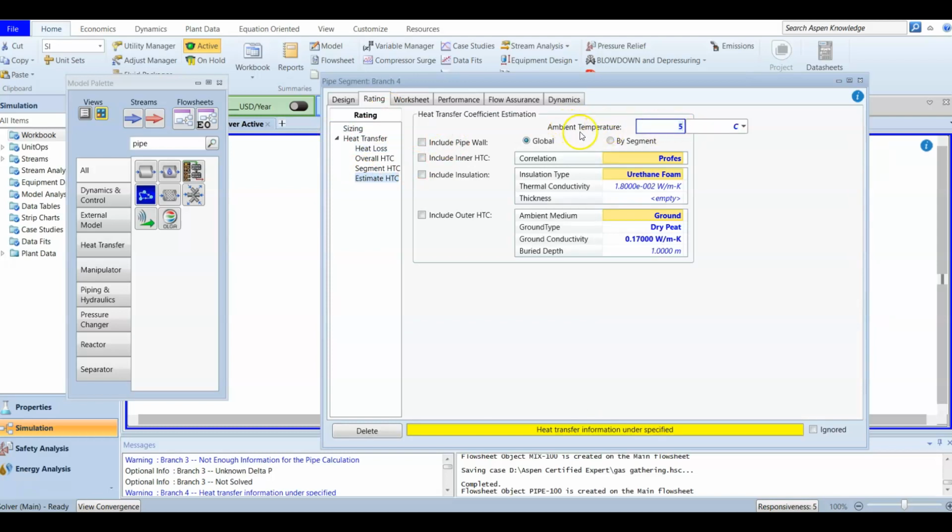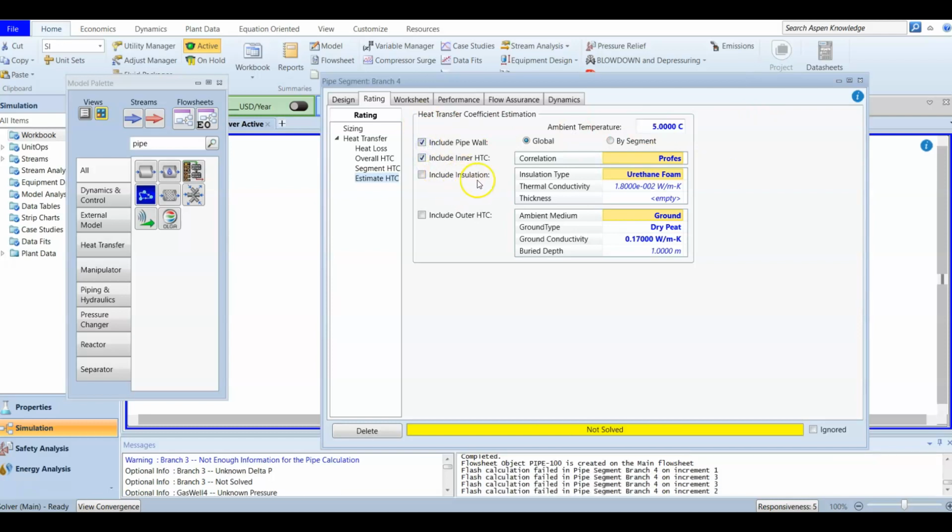Most of the time you will be given 40 degrees Fahrenheit ambient temperature or 5 degrees Celsius, so I'm going to include both of them, and I don't have insulation, so I left it unchecked, and I'll include outer HTC. Now it's solved.